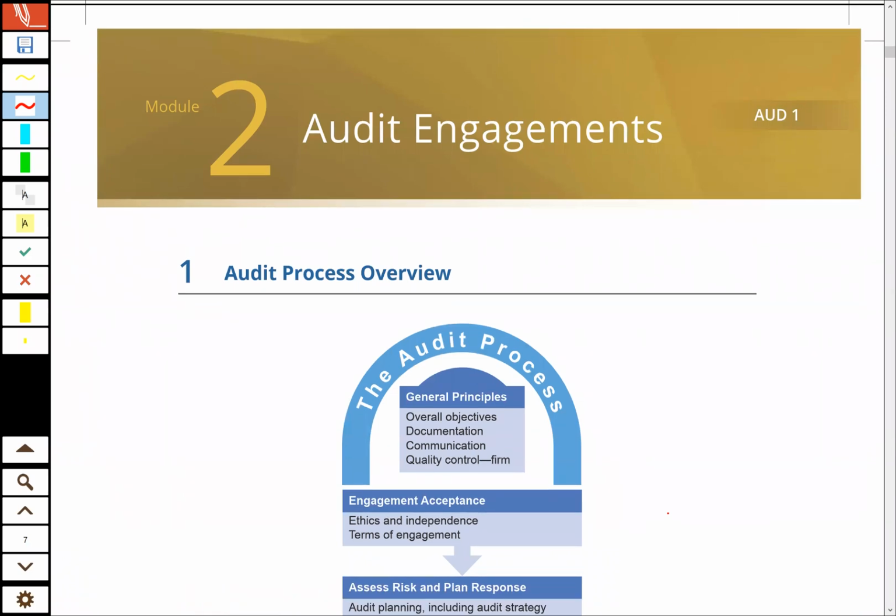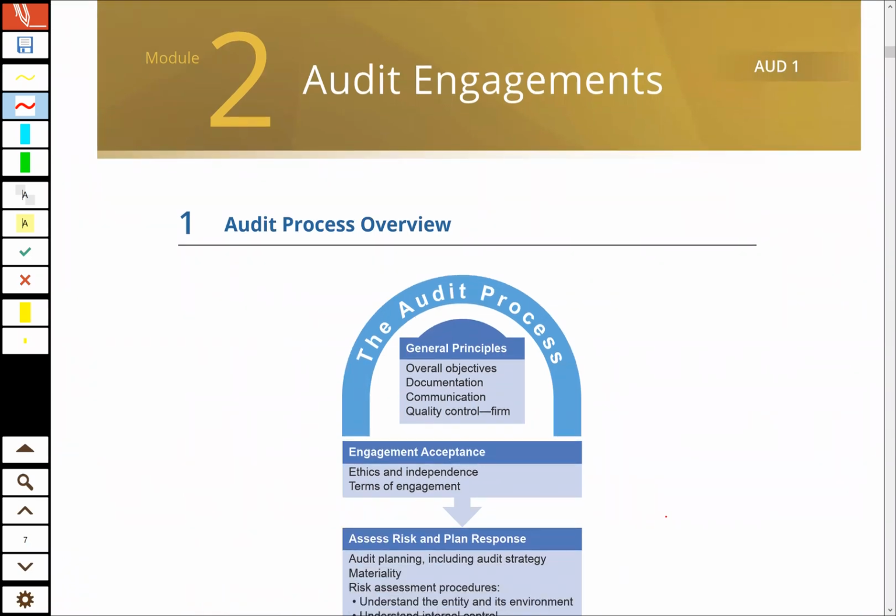And let's start talking about the audit engagement, the audit process, overview of the audit process, etc. We're going to be covering many of these different parts later. And there are questions that are answered by knowing what part of the engagement you're on. So they'll say something that is clearly an initial planning step, such as, which of the following should the auditor do in the initial planning?